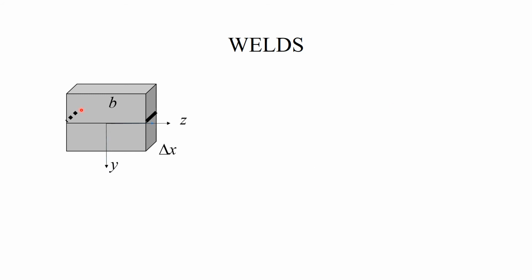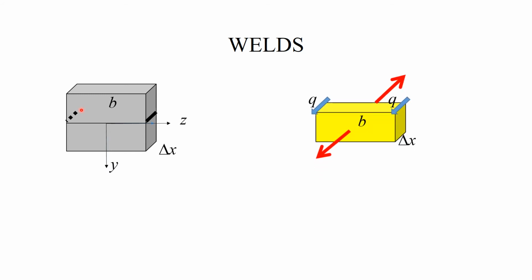Now, the free body diagram relevant to analyzing these welds involves the two normal forces generated by stresses distributed over A star, and the welds produce forces q. q is the force per unit length in the weld. It's a relevant choice of forces because the welds are basically lines.